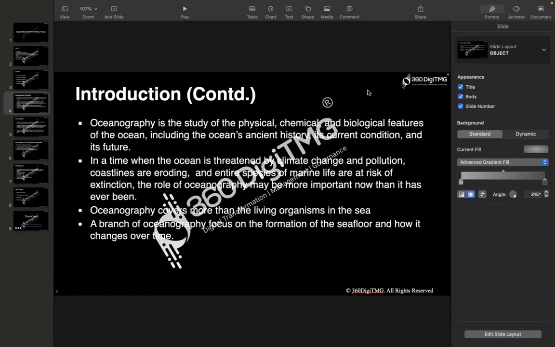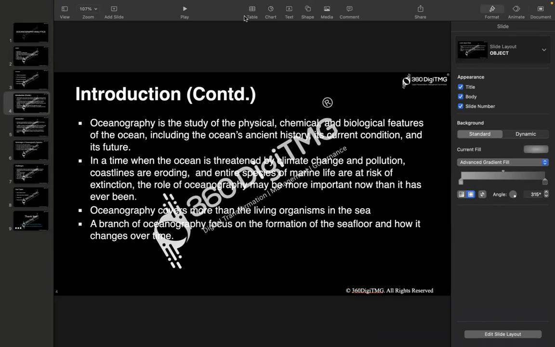So here we have four features, 1, 2, 3, yeah, three features: physical, chemical, biological, of the oceans, including the oceans' ancient history, its current condition, and its future. In a time when the oceans are threatened by climate change and pollution, coastlines are eroding, and entire species of marine life are at risk of extinction, the role of oceanography may be more important now than it has ever been.